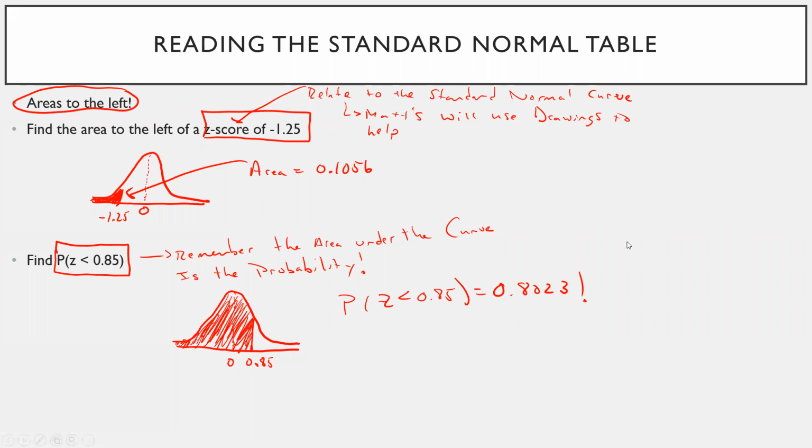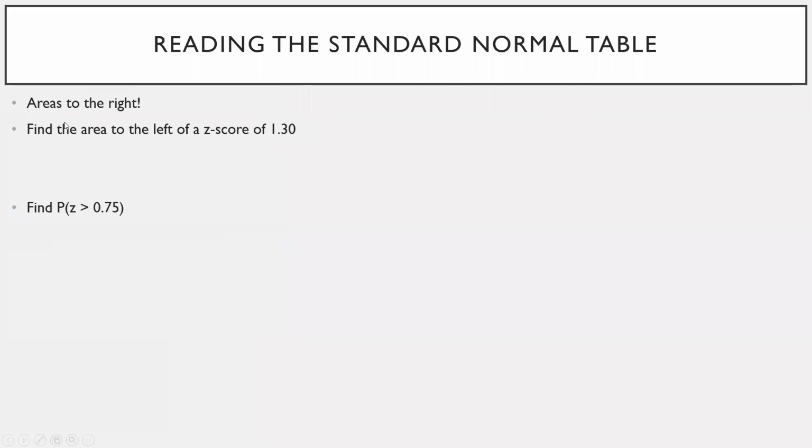Okay, great. Now I want to talk about how you use the table to find areas to the right. Just remember from that previous slide, to find areas to the right, you use the complement rule. An area to the right is equal to 1 minus the area to the left.